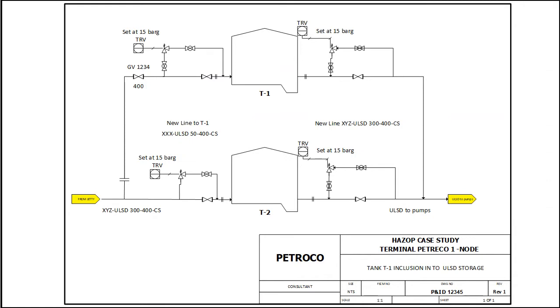Now here we have the PNID for this HAZOP, and as we described to you, we can select or choose the node or nodes for the HAZOP in the meeting or outside of the meeting.